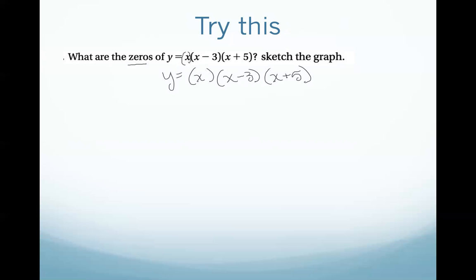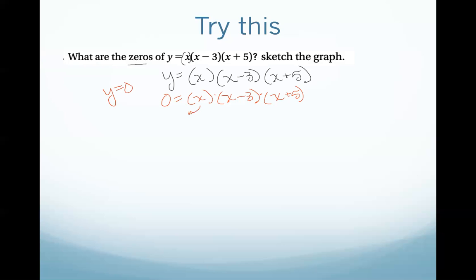Okay, so we said for zeros, we need to solve for y equals 0. So we're going to substitute 0 equals x times x minus 3 times x plus 5. And then I know that numbers that are multiplied together to give me 0, one of them has to be 0.